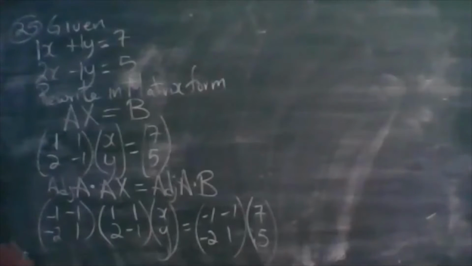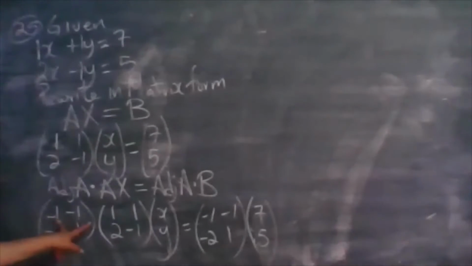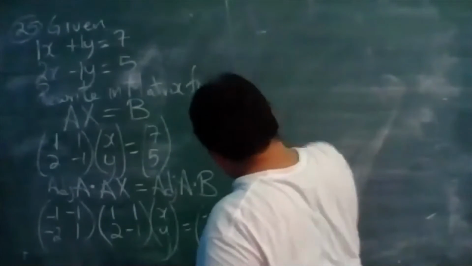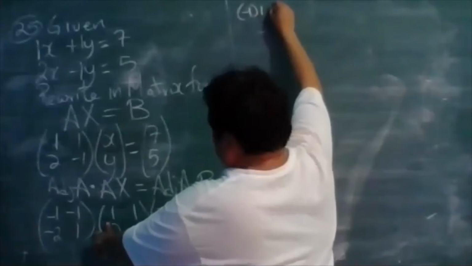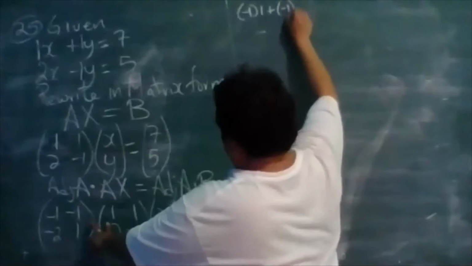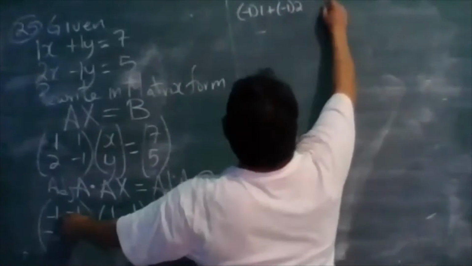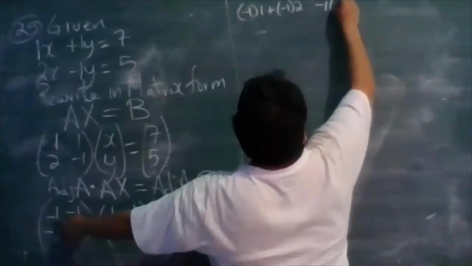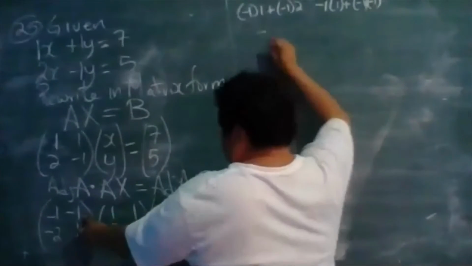So any questions up to there? We must multiply the adjoint to both sides of the equation. So this will contain a lot of matrix multiplication. So we continue. Negative 1 times 1 plus negative 1 times 2. That is going to be our first term. Then the second term, negative 1 times 1 plus negative 1 times negative 1.